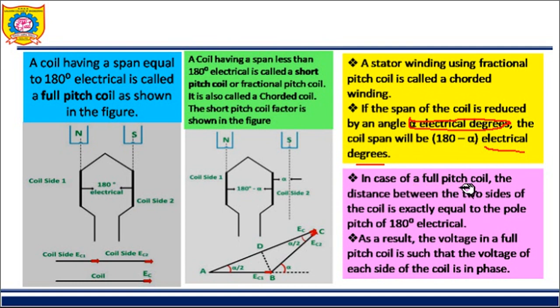But in the case of a full pitch coil, the distance between the two coil sides is exactly equal to the pole pitch, that is 180 degree electrical. As a result, the voltage of each side of a full pitch coil is in phase.